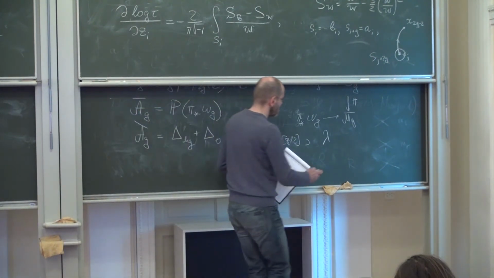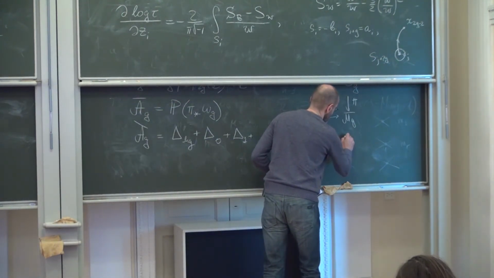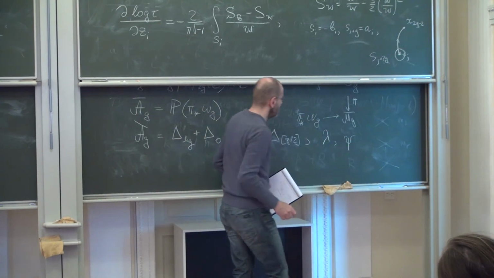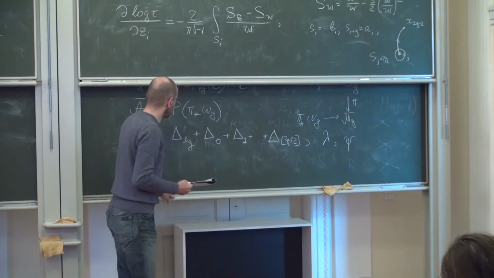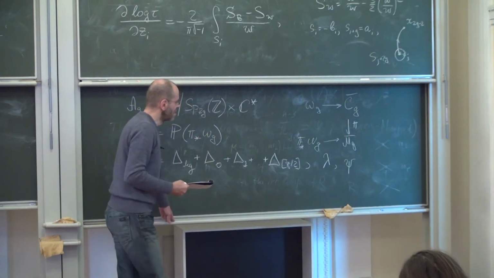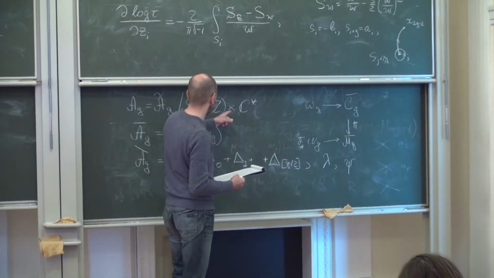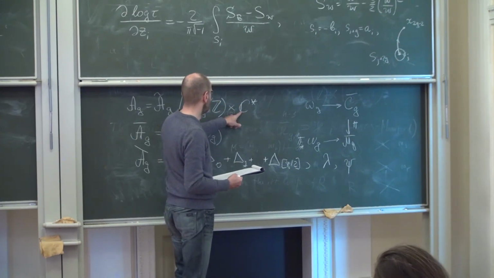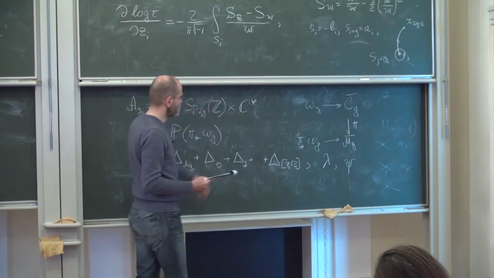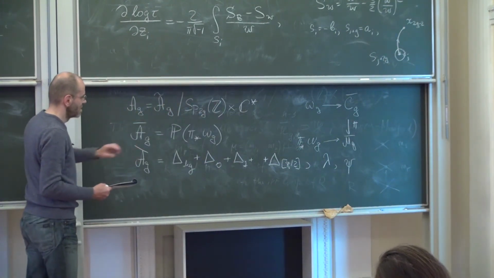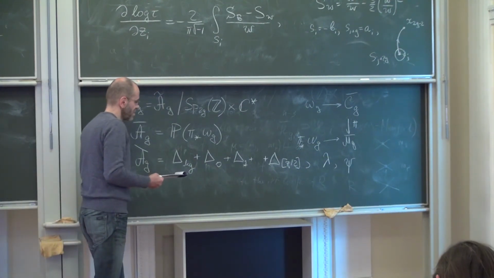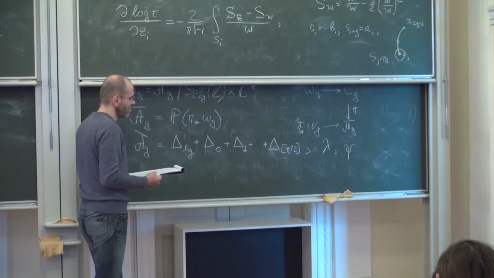And there is the tautological class that I denote by psi, the tautological class of the line bundle associated to the C star action. Okay, so these are the divisor classes, but there are too many of them.